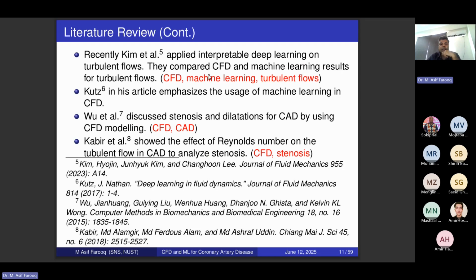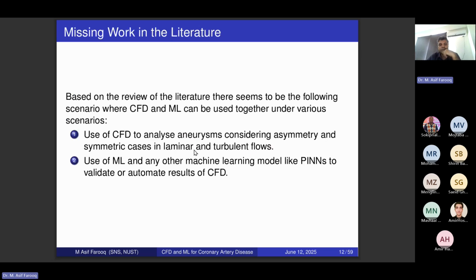You can also see some other literature on CFD and machine learning. Most of the work has been done on CFD, but recently, after 2021 or maybe earlier, people are moving towards machine learning to find the solution of aneurysm and stenosis, and maybe in other research areas as well.